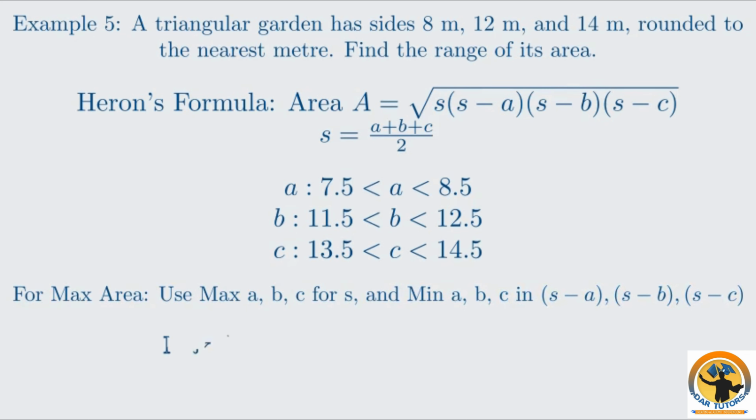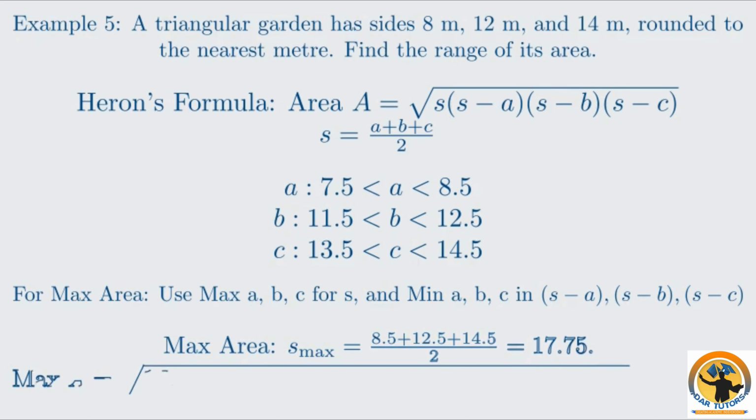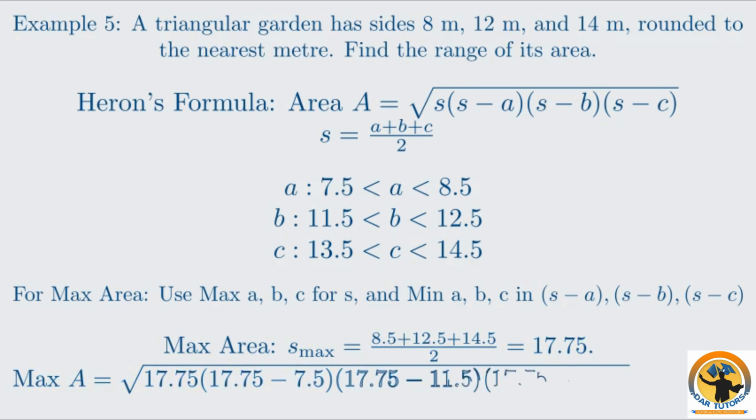The largest possible semi-perimeter is 8.5 plus 12.5 plus 14.5, over 2, which equals 17.75. Substituting this into the formula with the minimum side lengths gives the maximum area. The smallest possible semi-perimeter is 7.5 plus 11.5 plus 13.5, over 2, which equals 16.25.